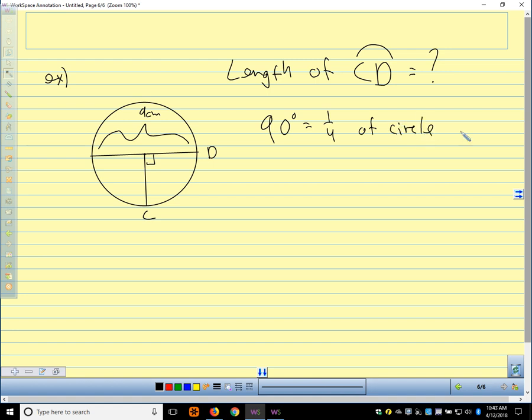So the length from C to D is going to be 1/4 of the circumference. So the length of CD is going to be 1/4 pi times the diameter.